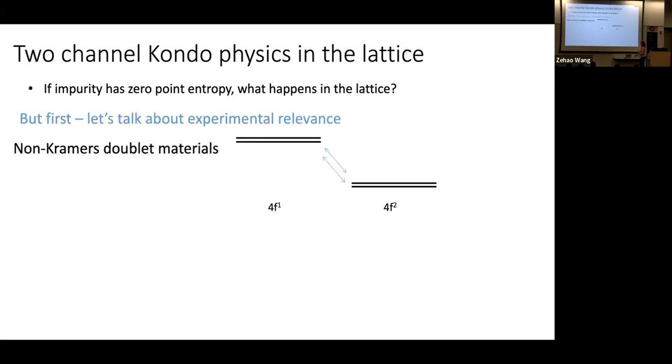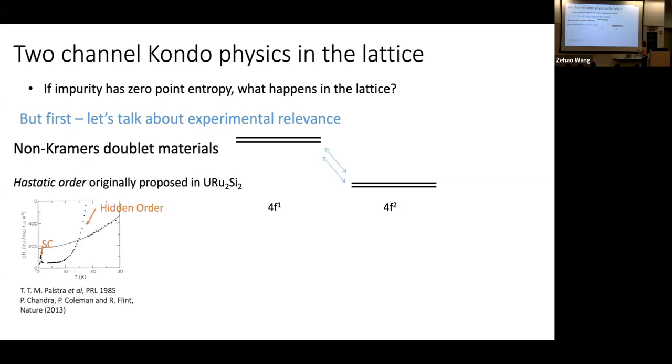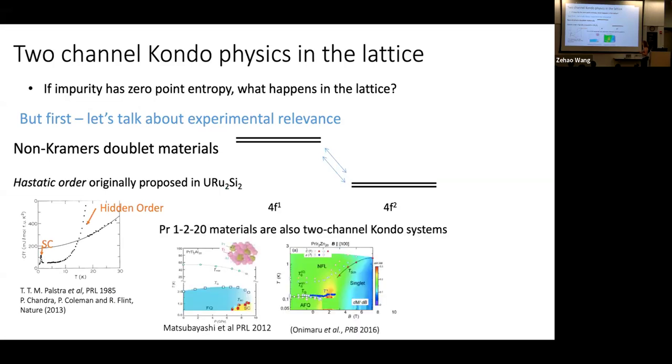So just to situate you with the possible experimental relevance, we talked about these non-Kramers doublet materials that have an atomic level diagram that looks like this. There's a few proposals, and I'm not going to talk about these in any detail. This was originally proposed by myself and Premi Chandra and Piers Coleman for URu2Si2.